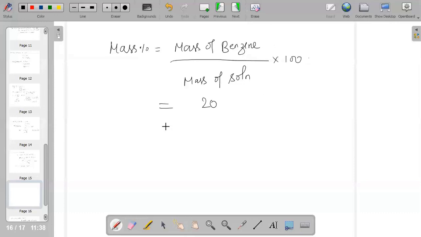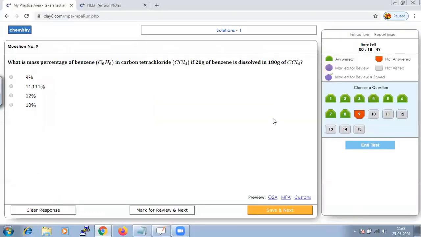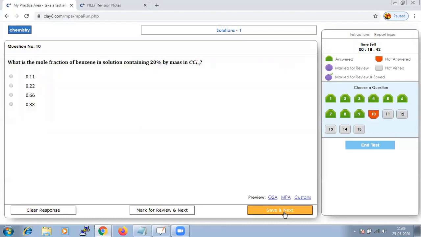That means our mass of the solution will become 20 plus 180. So it is 20 by 200, which means it should be 10%. So our answer should be D. Let us save that and go to next.